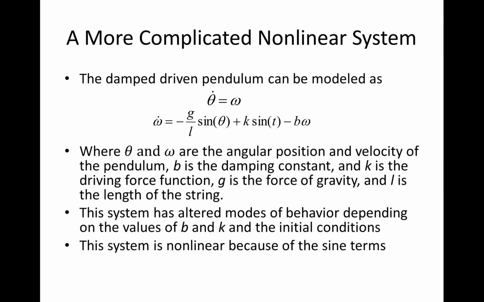But in fact, often theta is not small. And often there is a driving force, and often there is a non-negligible damping constant. So basically what happens is, depending on the values of B and K and the initial conditions, this system can have very different modes of behavior. And it's nonlinear because of these sinusoidal terms.